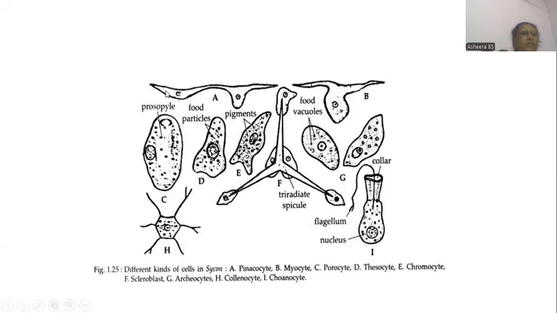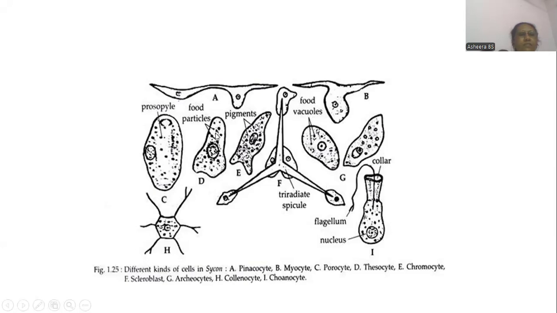So you can see here, this is the pinacocyte, the flattened cells. The second one is the myocyte. Then this is the porocyte, the prosopyle. The prosopyle is lined by the porocyte, so here one canal will be present.